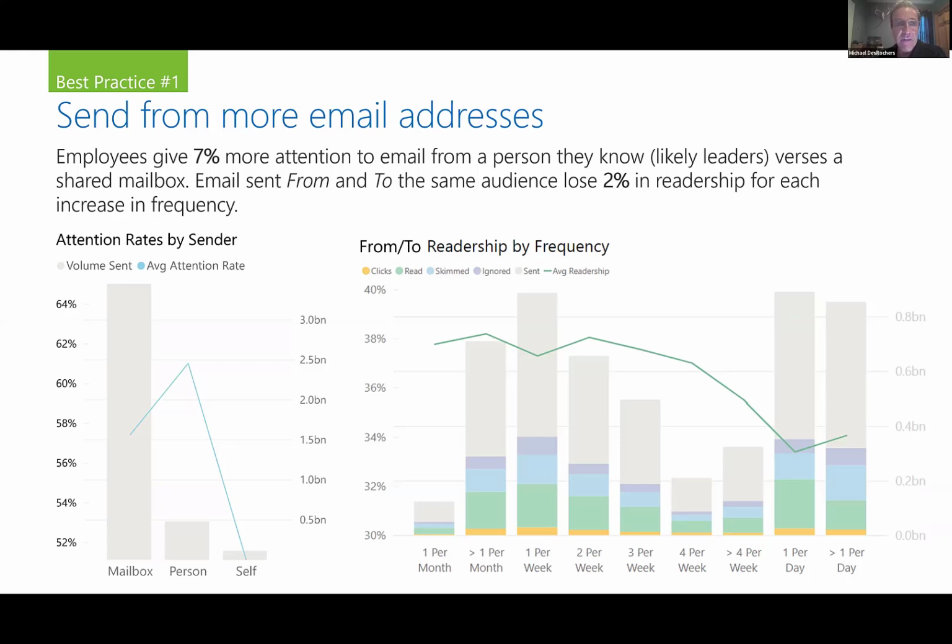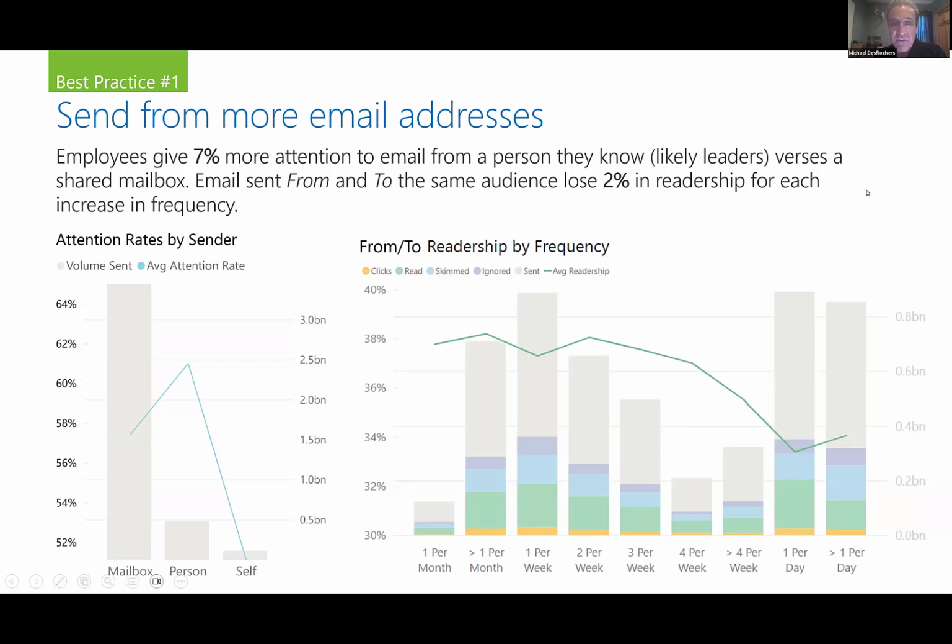And then for each increase in frequency, you lose 2% of readership, and you can see the frequency ranges: once a month, greater than once a month, on down the line. The interesting thing I always see here is, obviously there's a decline in readership when your volume goes up to once a day, but it actually goes up a little bit even when there's more than once a day.